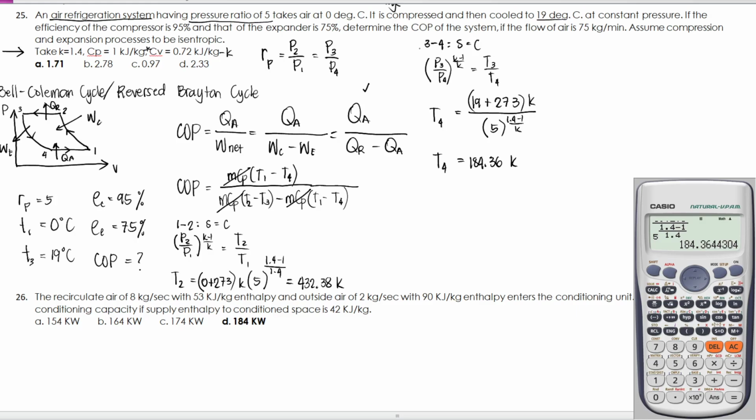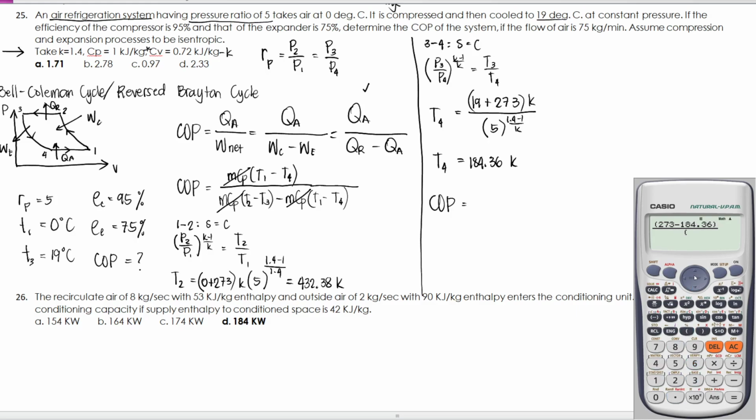So, makukuha na natin yung theoretical na COP ng system na to. Okay, nakikita pa ba? Yes. Alright. So, idiretso na dyan sa ating formula, T1 minus T4. Ang T1 natin is 0. Gawin natin naka-absolute na. So, plus 273 is 273. Minus T4, that is 184.36.